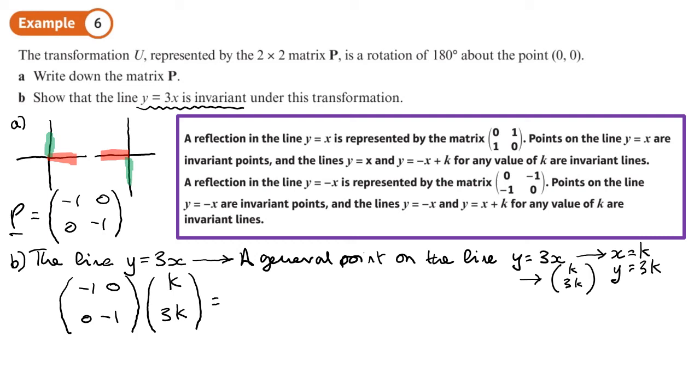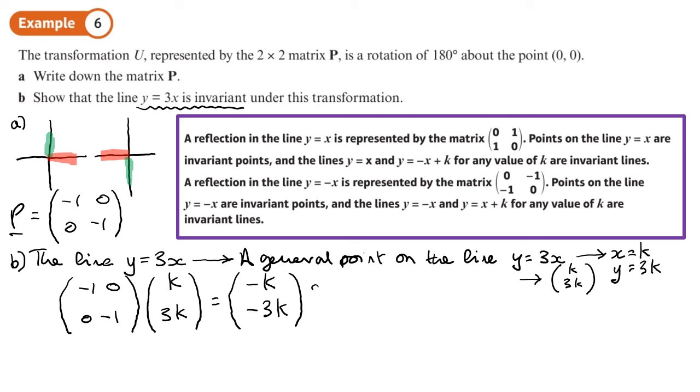So if I do that, multiply it out, I'll get negative k plus 0 times 3k, so we don't write that down, and then 0 times k, which is 0, and then minus 3k. Now if we have a look, the point (-k, -3k) is also on the line y equals 3x.